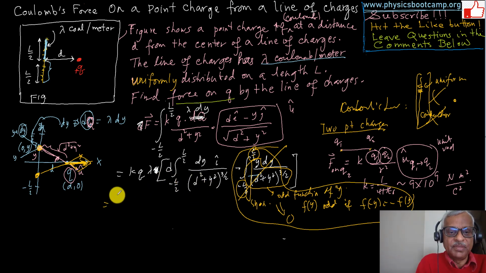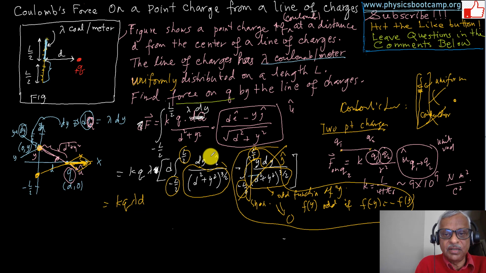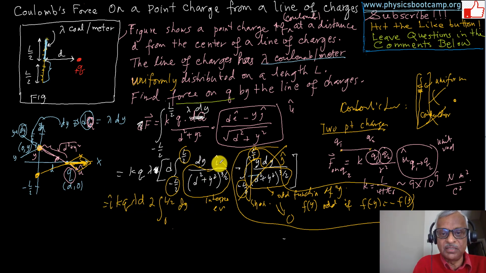So this will be k q lambda d, and because this is symmetric and this integrand is even, I can make this 2 times the integral from 0 to L over 2, and make it i hat over here. i hat doesn't depend on y, so i hat is constant, put in front, and I have d square plus y square to the 3/2.